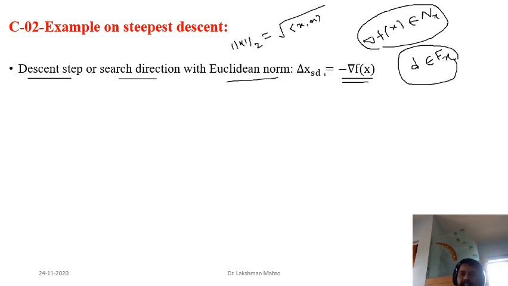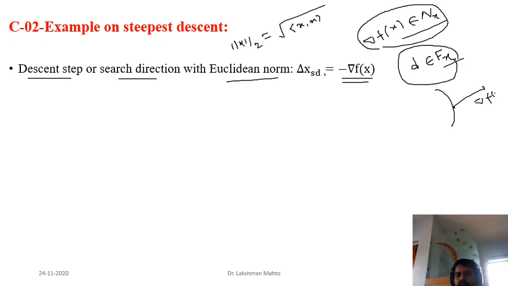So in the case of the Euclidean norm, the steepest descent is the negative of the gradient of f at x. It is coming in the feasible direction, and the gradient is coming in the normal direction. Suppose you observe this kind of scenario. This is the normal cone in which you observe the direction of the gradient.